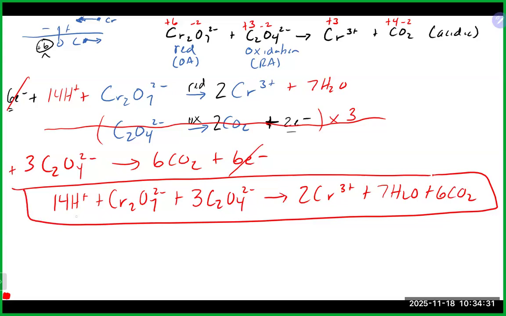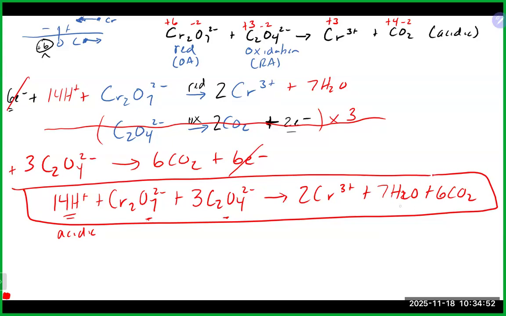This again should be balanced in acidic conditions, as we see the H+ there, and should be balanced correctly. So we got 14 hydrogens on each side. We got 2 chromiums, 7 oxygens here, and another 12 there. That looks like 19.